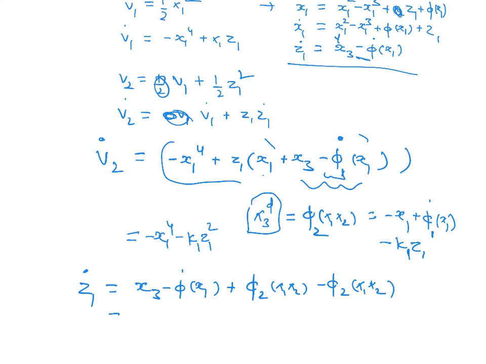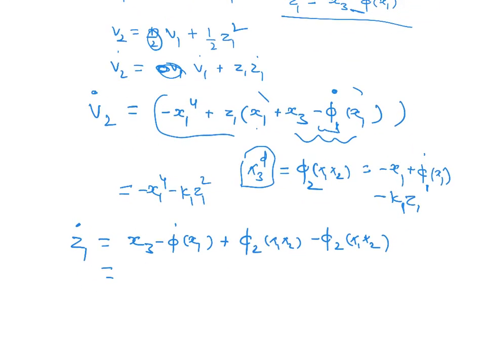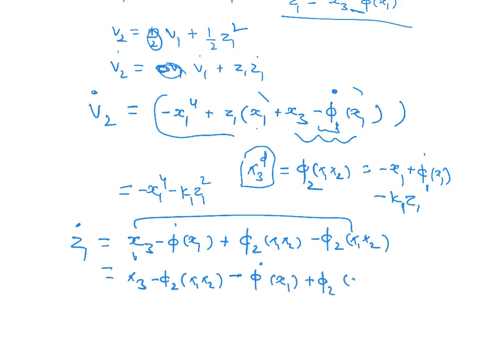So you will see that this x3 minus phi 2 x1 x2 is minus phi dot x1 plus phi 2 x1 x2. So now you can define this as z2, because if that goes to 0, that means x3 goes to this value, which makes z2 go to 0, or z1 go to 0, right?